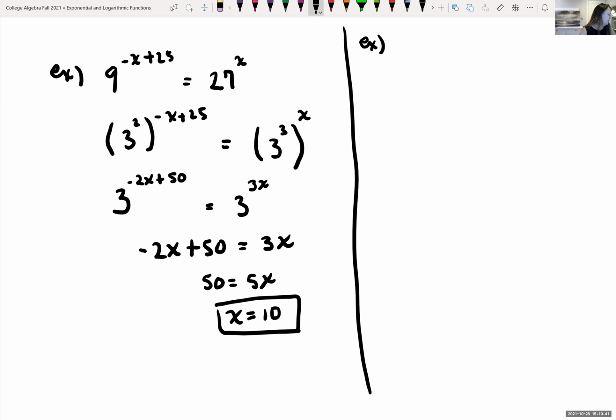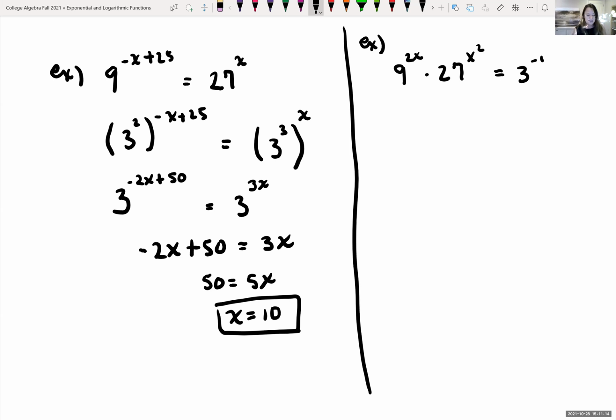So what if it had been 9 raised to the 2x, all times 27 raised to the x squared, is equal to 3 raised to the negative first power. So same kind of idea here. We want to manipulate all the bases to be the same.